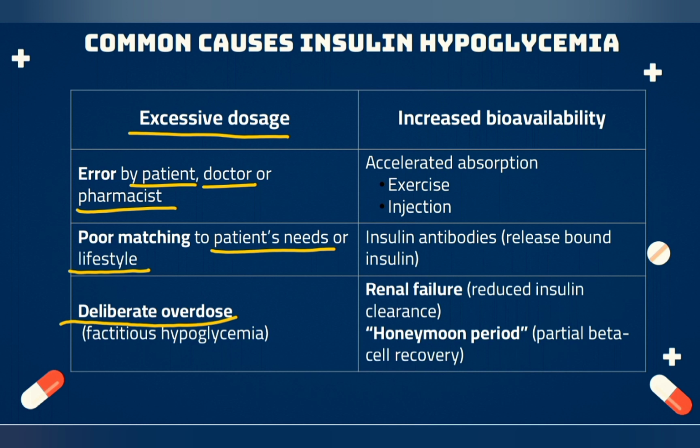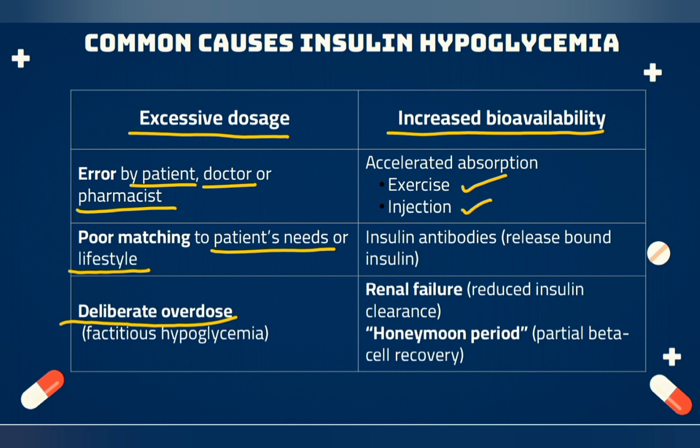There is some other condition in which hypoglycemia is produced, and this is due to increased bioavailability of insulin. This can happen due to the person exercising, or increased absorption of insulin due to injection at a hypertrophied site.